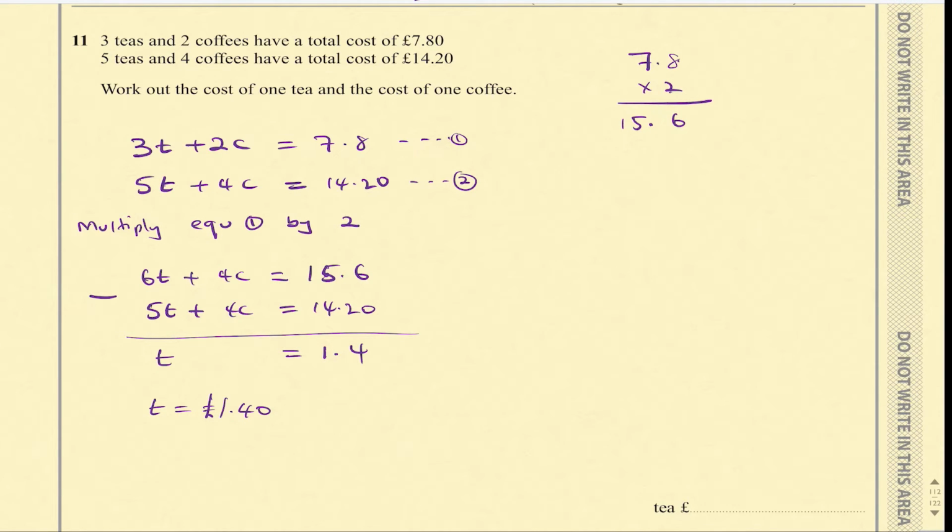Now I know tea, I need to find the price of coffee. So I need to substitute t into one of the equations. So I'm going to substitute t. Let me just draw a line here. I say sub t equals 1.4 into equation 1.